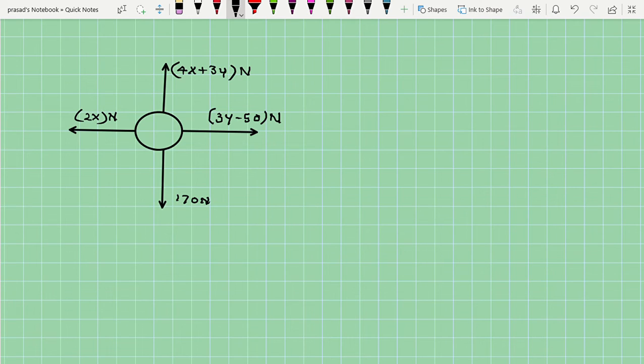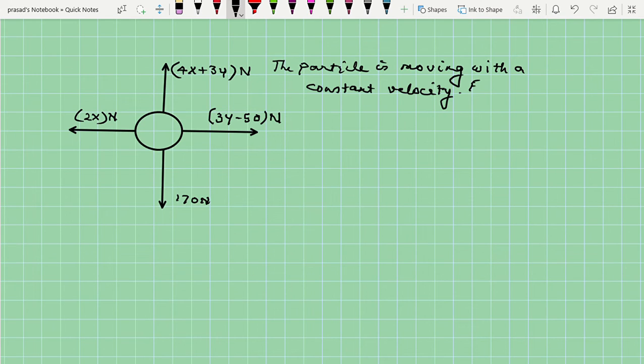And it is given that the particle is moving with a constant velocity, find x and y.